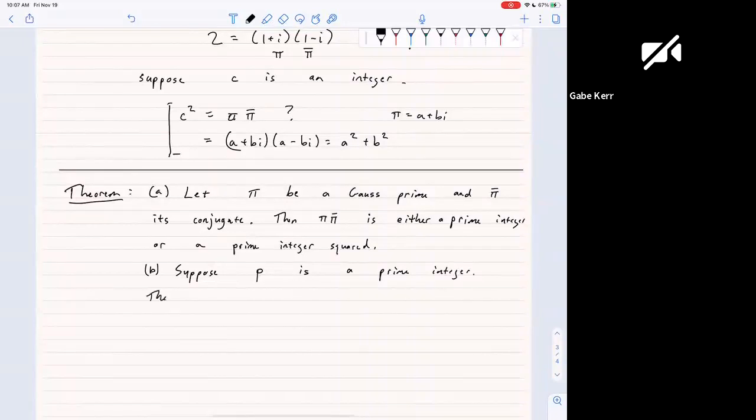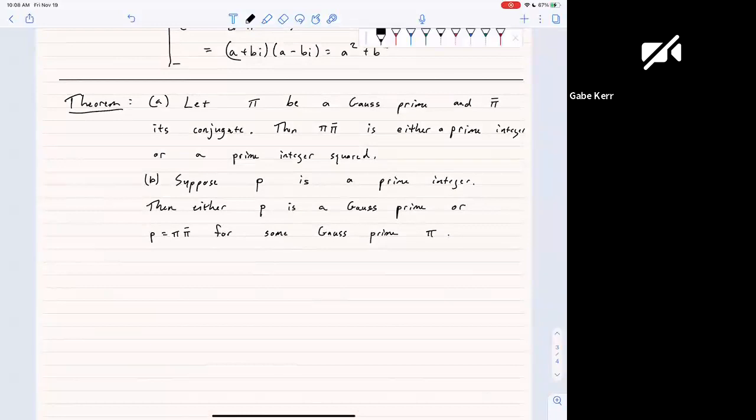Then either p is a Gauss prime, or p is equal to something like pi times pi bar, for some Gauss prime. But it factors into Gauss primes. Right?